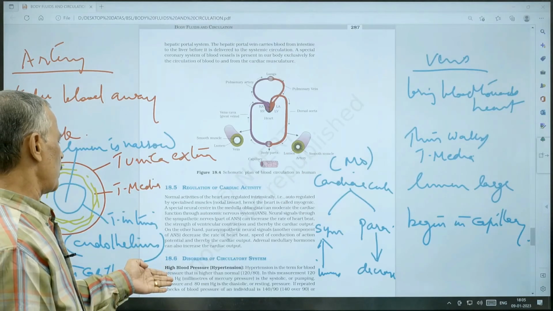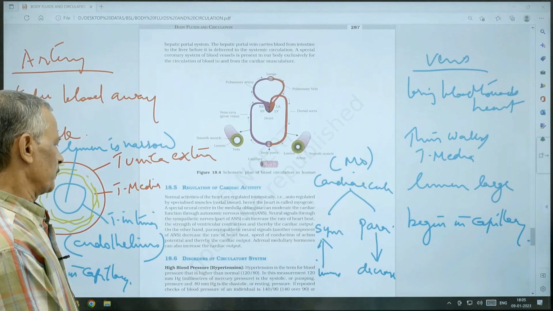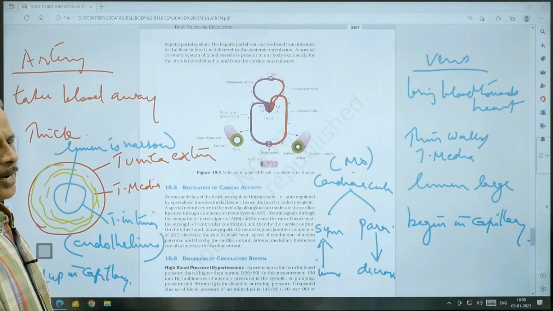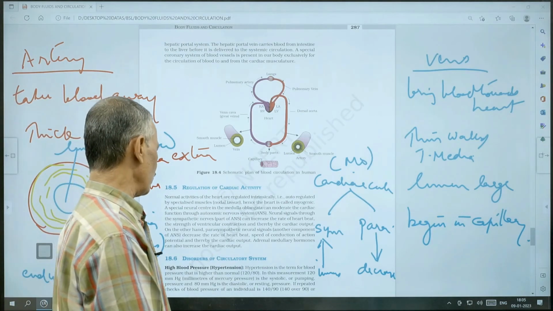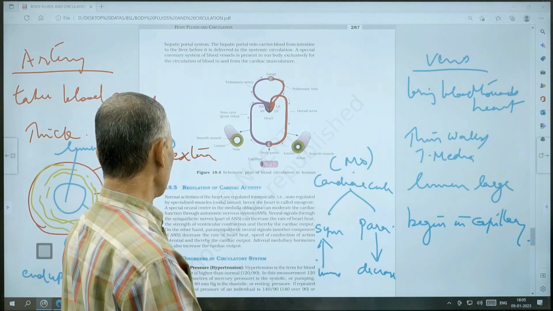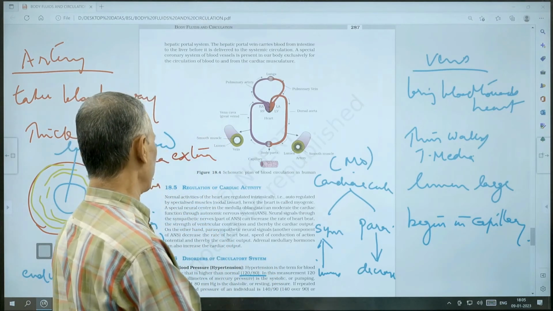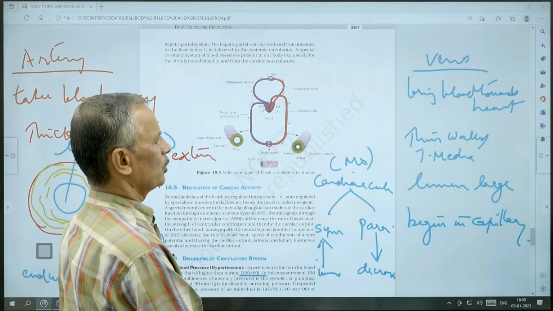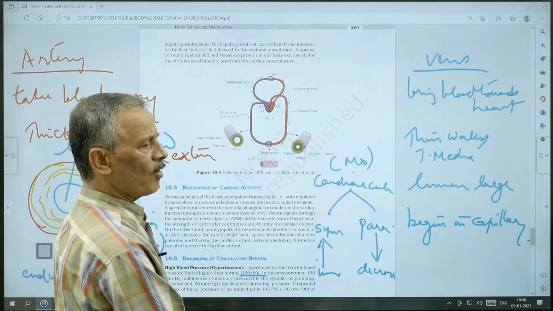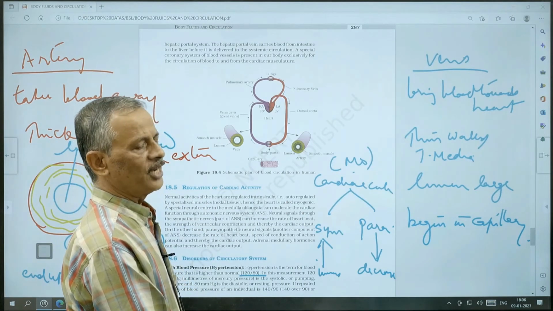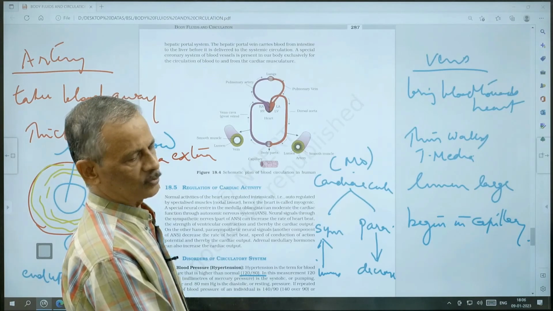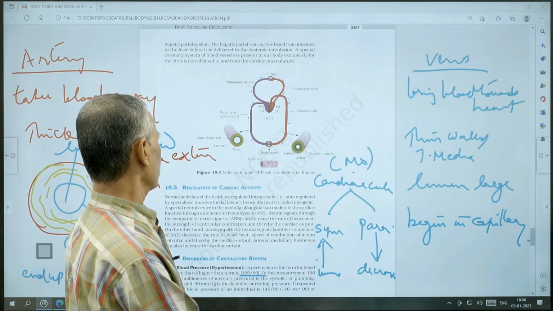Coming to the last part, namely disorders. Normally, our blood exerts a pressure on the walls of the blood vessel, which is called blood pressure. It is measured by a small instrument called a sphygmomanometer, and in a healthy man, it should be 120 for systole and 80 for diastole. So we write it as 120/80.